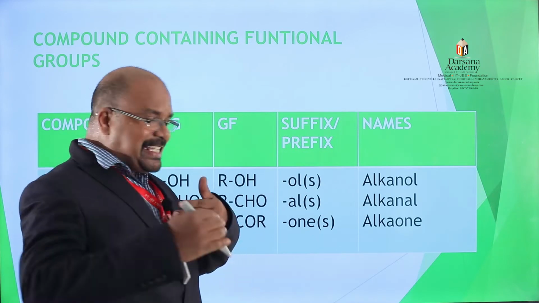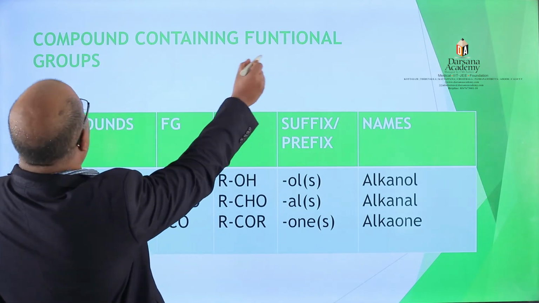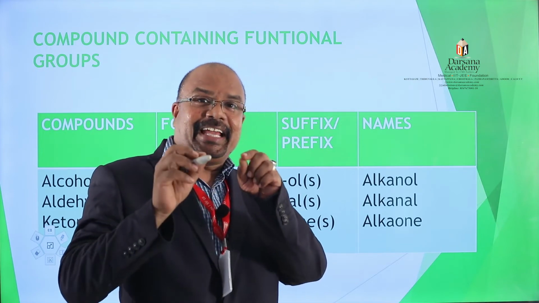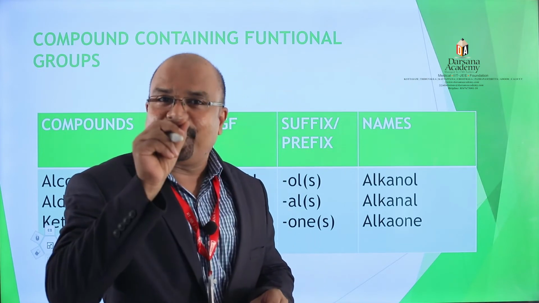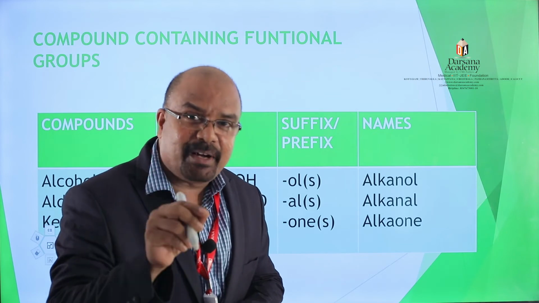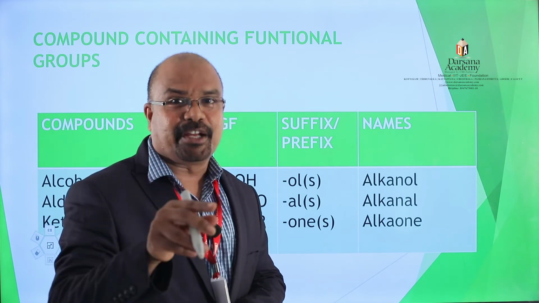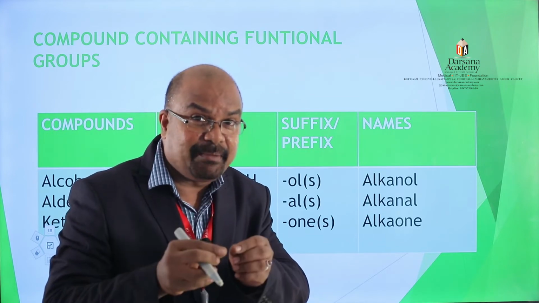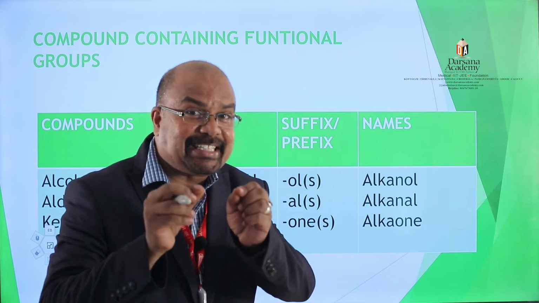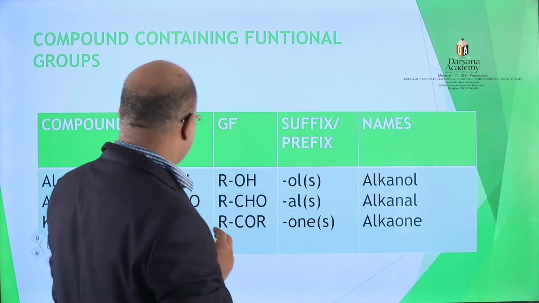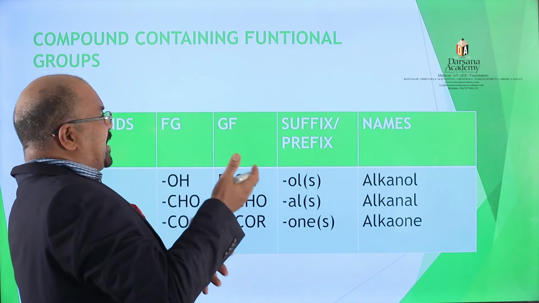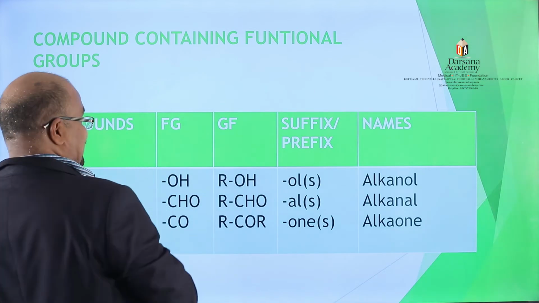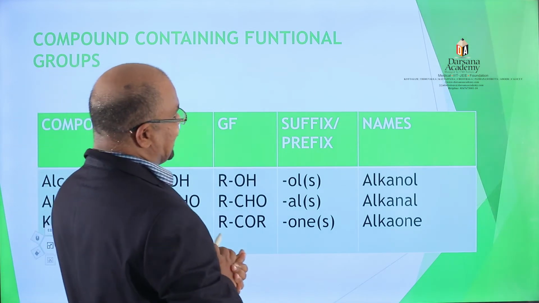The next section is compounds containing a functional group. I already said functional groups are the atom or group of atoms which determine the properties of an organic compound. So if a compound contains a functional group, we already know that they are considered as secondary suffix.